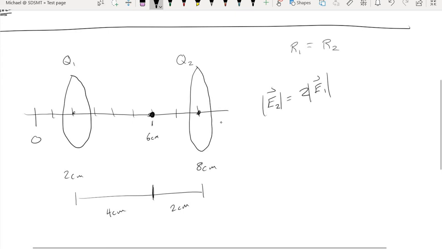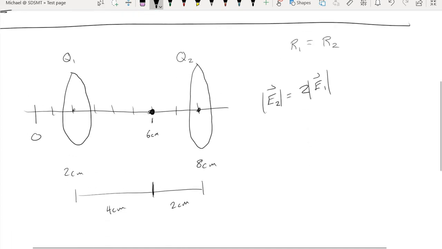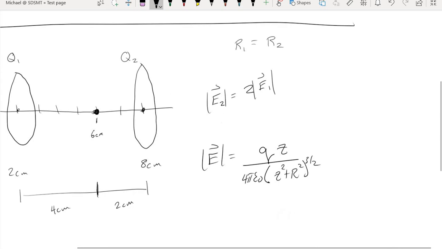So we know this ratio is equal to 2. So what we can do at this point is take our equation for the magnitude of an electric field, which is Qz over 4 pi epsilon naught, z squared plus R squared to the 3/2 power. Let's remind ourselves of what z is. z is the measure from the center of the circle out to where we're trying to measure.